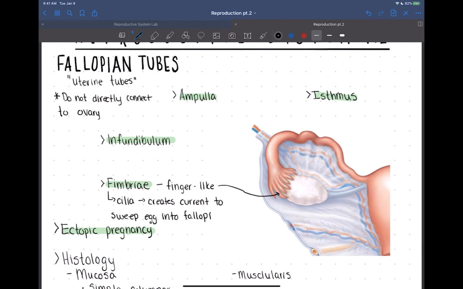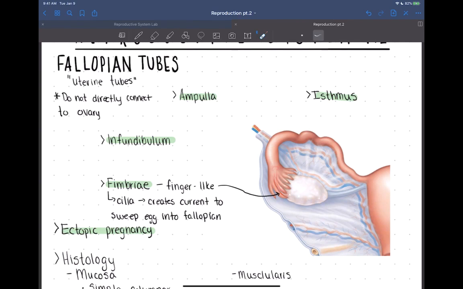The reason it's important to keep in mind that the fallopian tube is not directly connected to the ovary is that when an egg is ovulated, it's released and emerges from the ovary. Ideally, the current from the cilia pulls that egg into the fallopian tube.